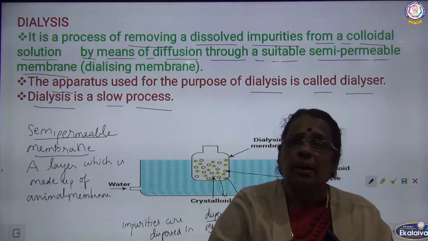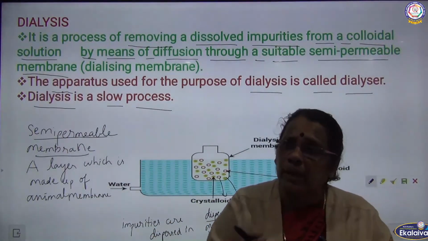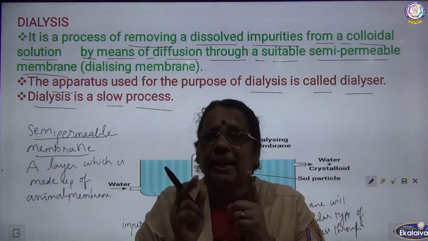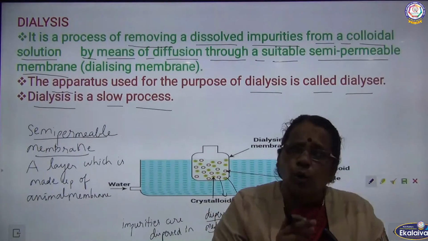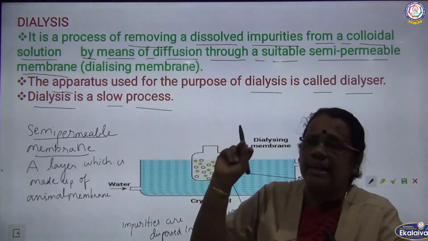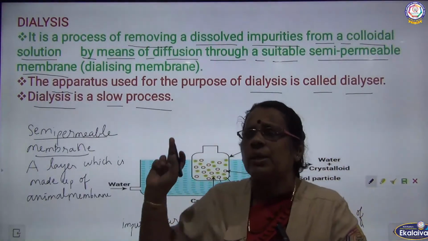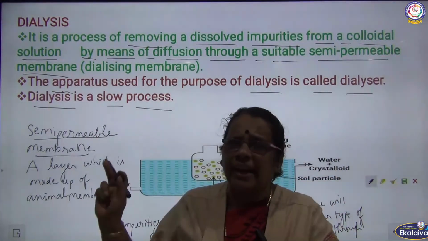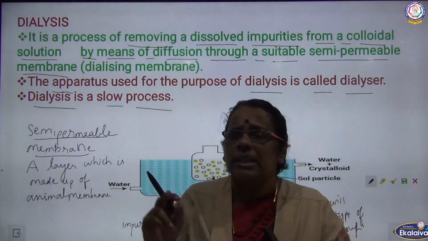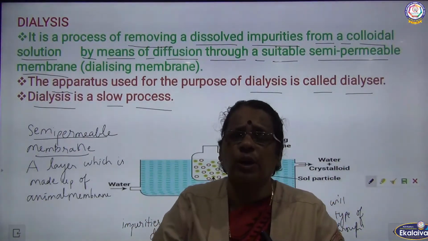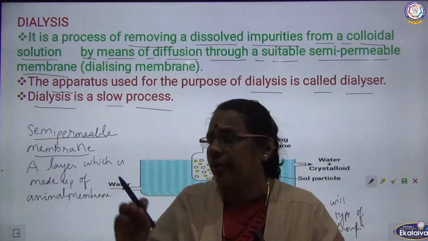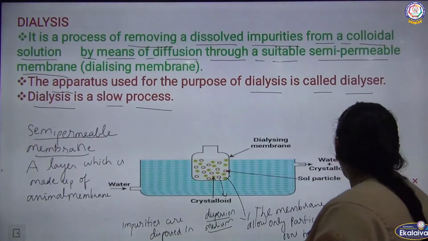Dialysis is the process of removing impurities from the colloid by taking the colloidal solution in the semi-permeable bag and allowing the ions present as impurities to disperse in the dispersion medium. The apparatus used for conducting dialysis is called a dialyzer. This process is very slow, so it will take more time to remove the impurities from the colloidal solution.